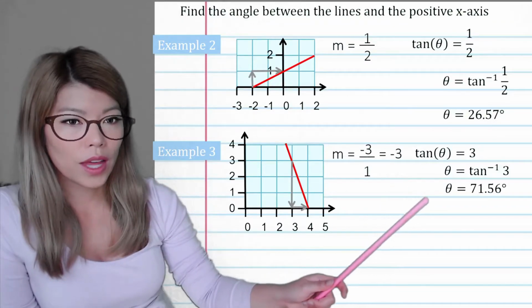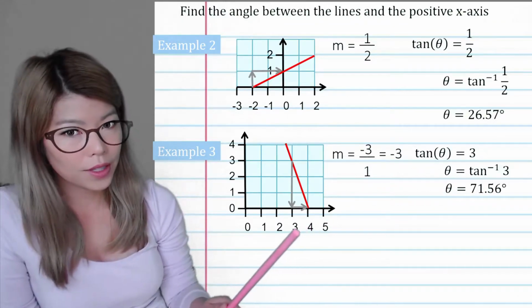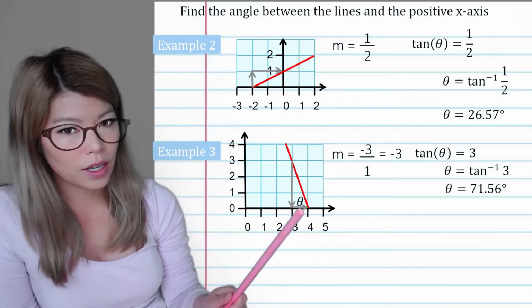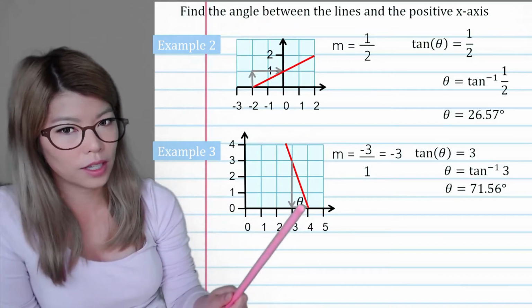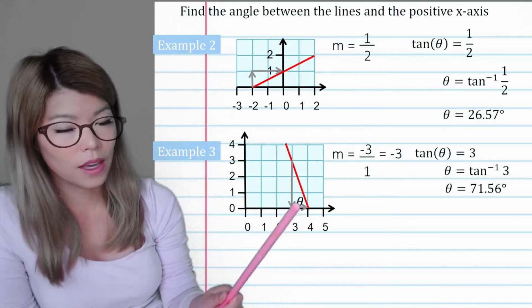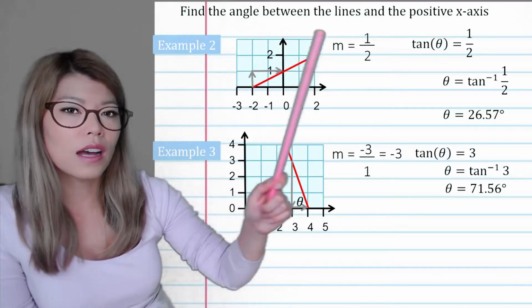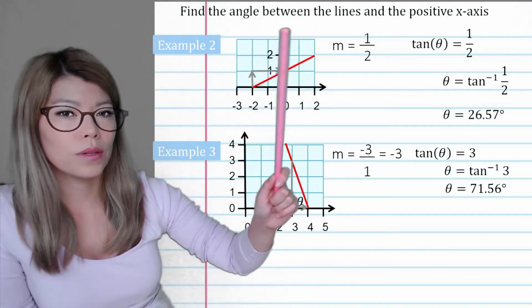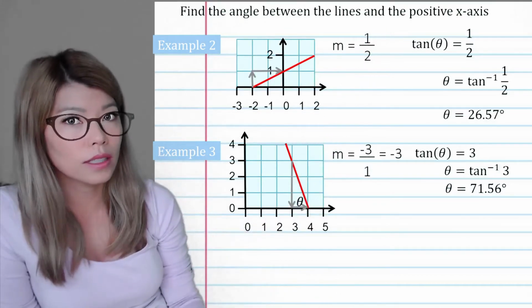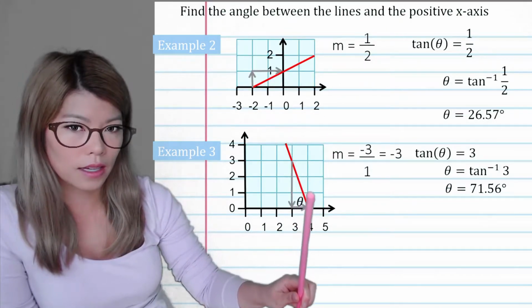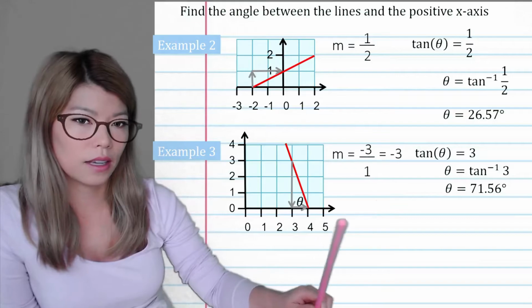Now when we do that, we get a value, and that value is the angle of this triangle here. So opposite over adjacent makes that angle there. But what the question is asking for is the angle between the line and the positive x-axis. So that's the line. The positive x-axis is going this way.